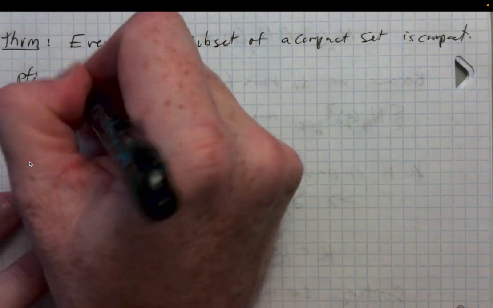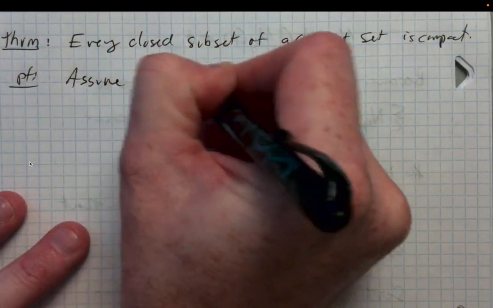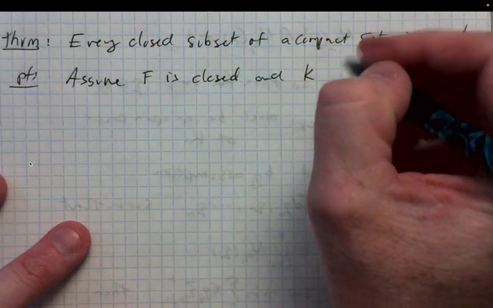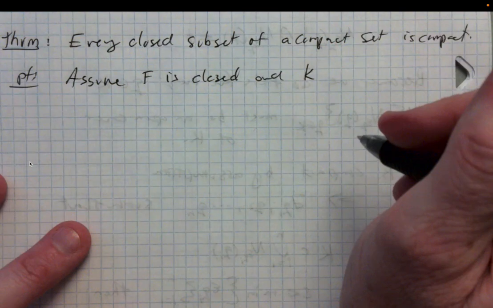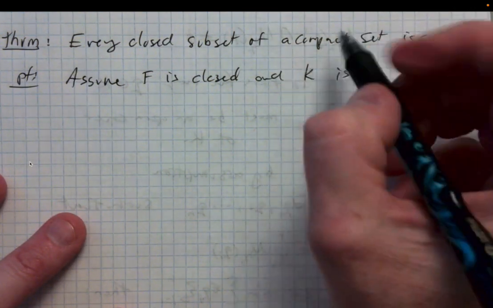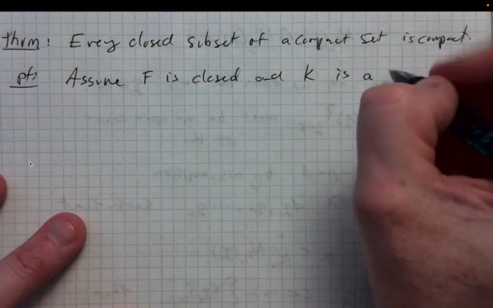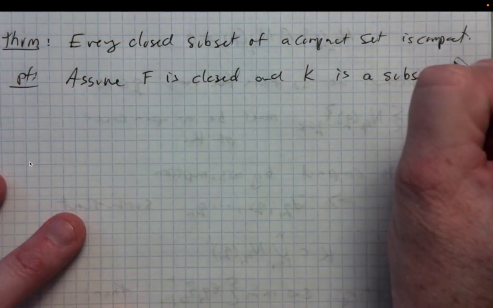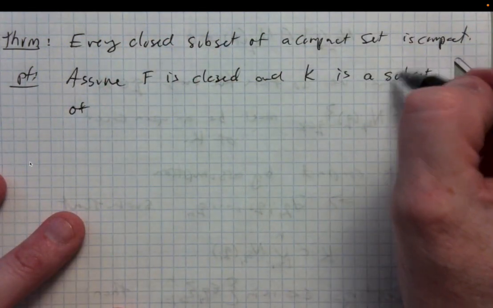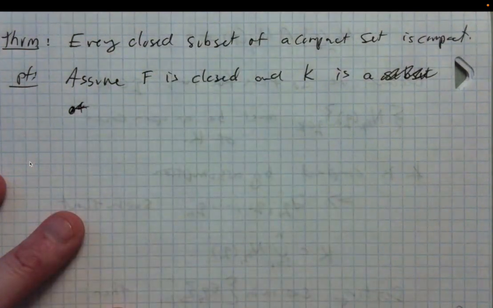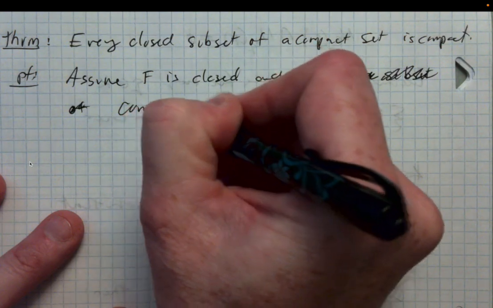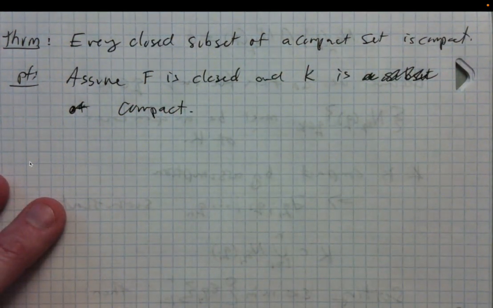Let's assume F is closed and K is compact.